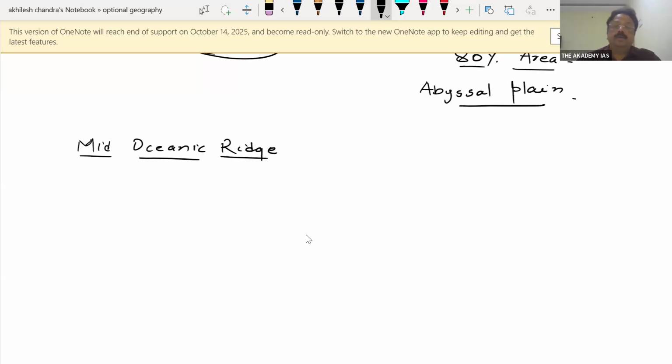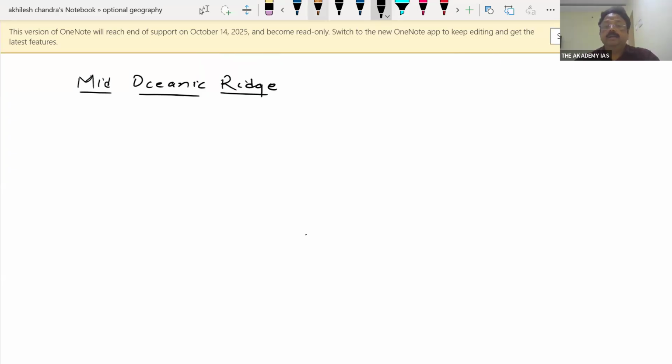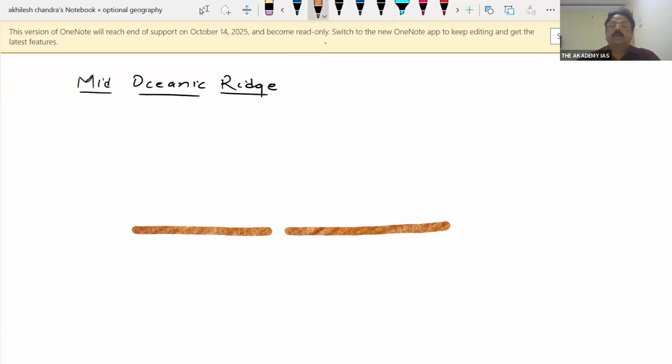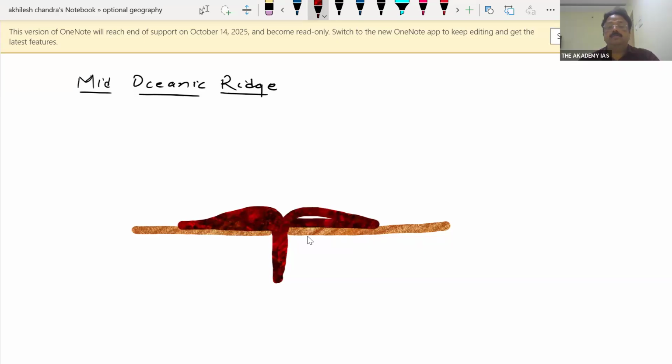It was observed in case of the Atlantic Ocean that in the middle of the ocean there is a continuous effusion of magma taking place, and this magma gets solidified within the water and creates this mid-oceanic ridge. So this magma that comes up and gets solidified within the water is what we call mid-oceanic ridge.